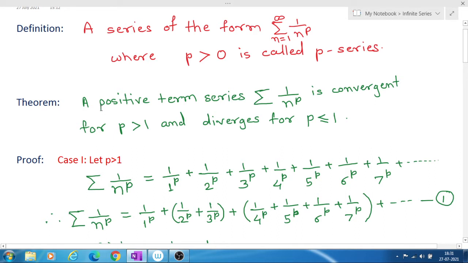The statement of the theorem is: a positive term series summation 1 upon n raised to p is convergent for p greater than 1 and diverges for p less than or equal to 1.